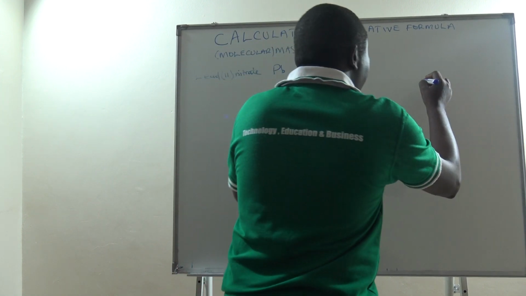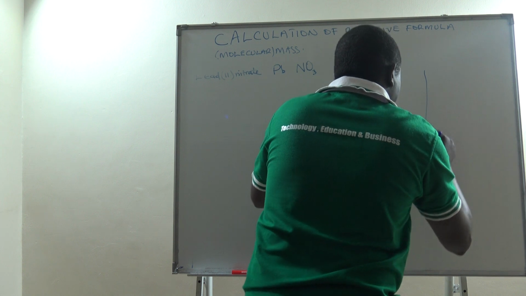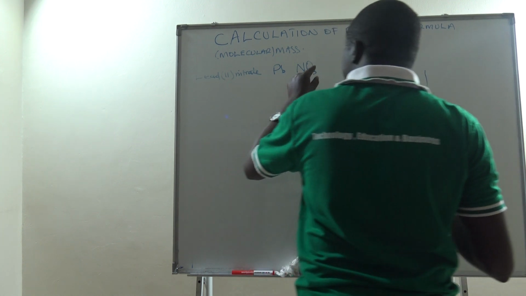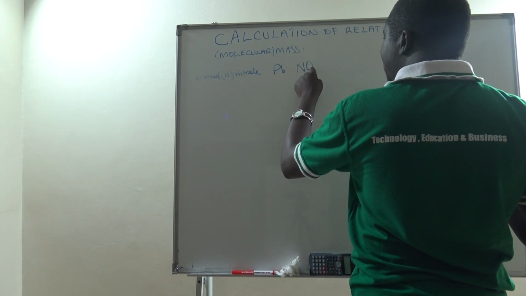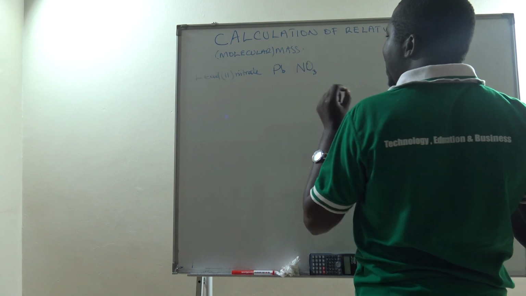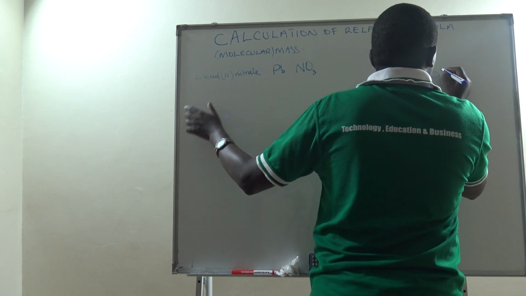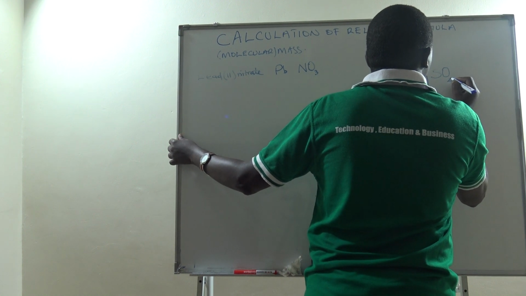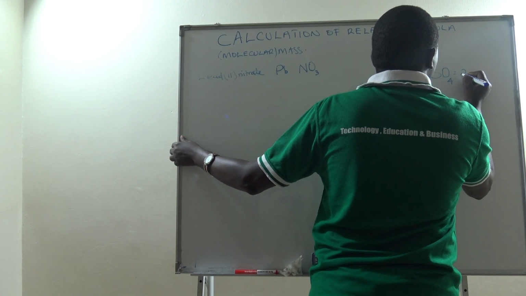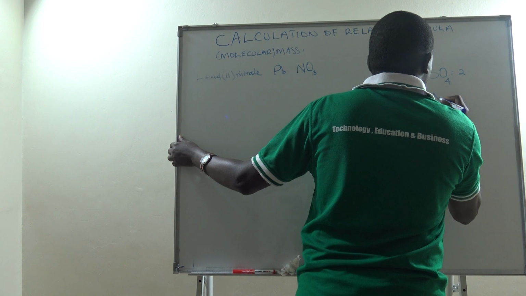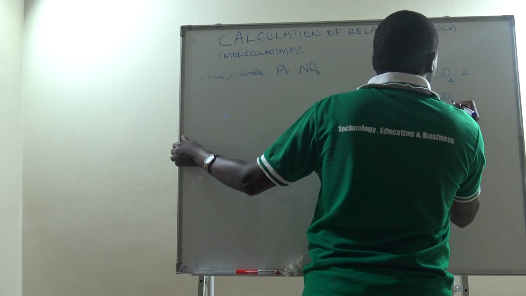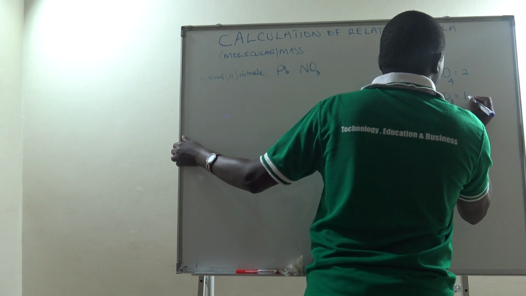Now let me put here the valencies of the radicals, because they are supposed to combine. So we need the valencies, or combining powers, of these radicals. Sulfate is SO4, and the valency is 2. Nitrate has a valency of 1.